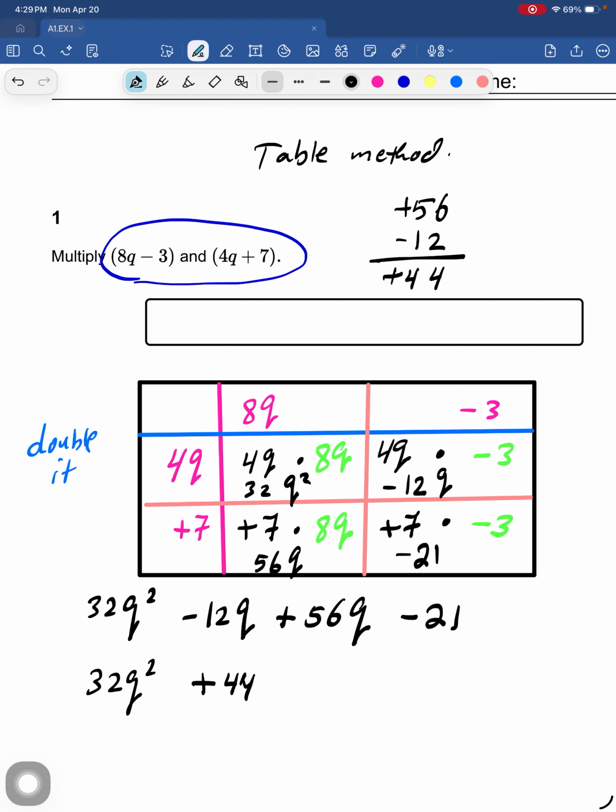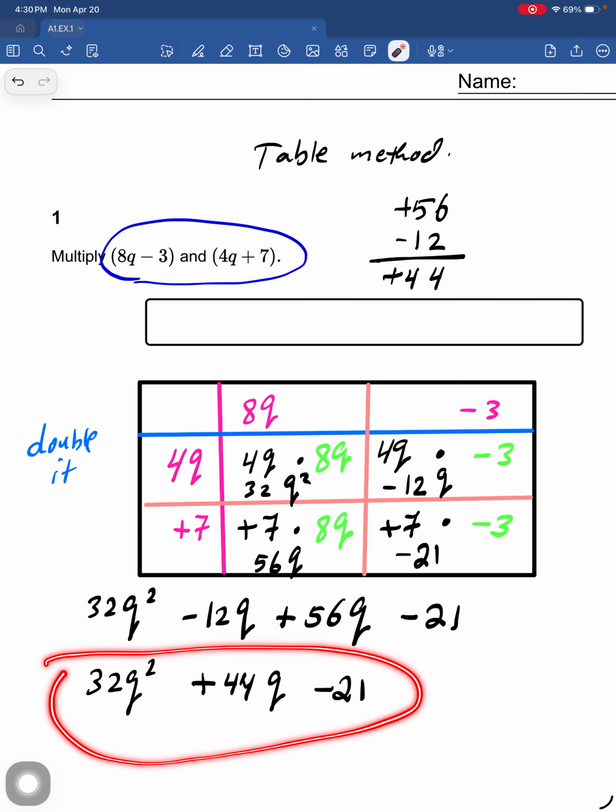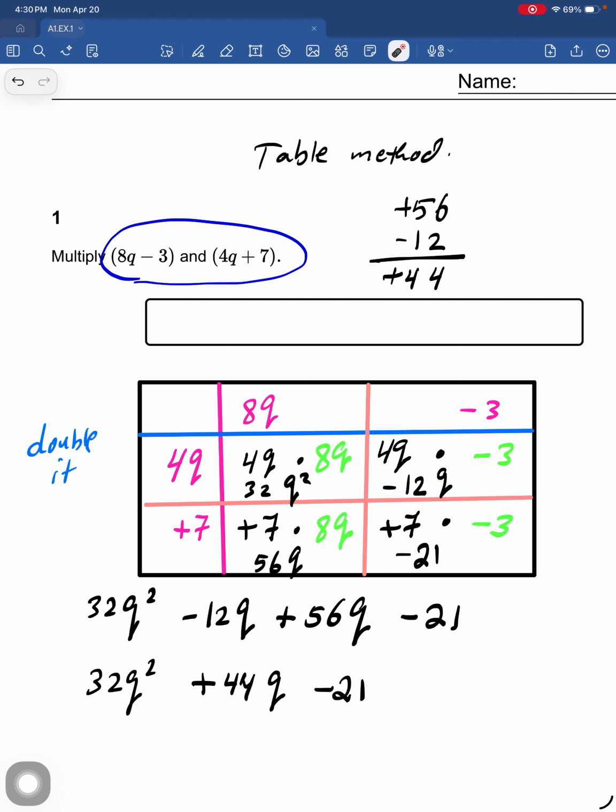As we have q on this side and q on this side, the answer will be 44q, and we are left with 21. We have no more numbers or constants, so the answer will be -21. The last answer will be like this, which is 32q squared plus 44q minus 21.